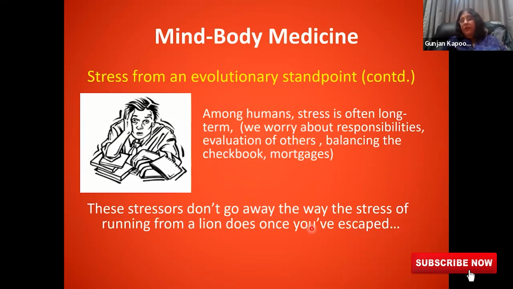And these stressors are not like running away from a lion, because when you are saving your life, it was a transient phenomenon: either you saved yourself or you were dead. So the stress response was transient. But these mental stressors are chronic stressors, and they keep stressing your body, keep stimulating your adrenaline and noradrenaline for hours together till your mind is perceiving that threat.